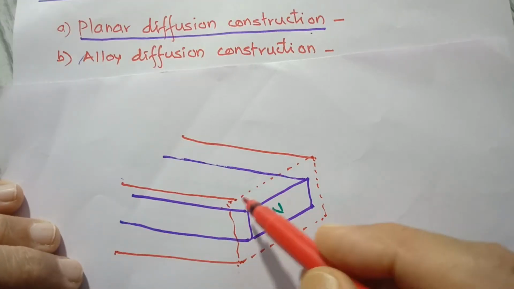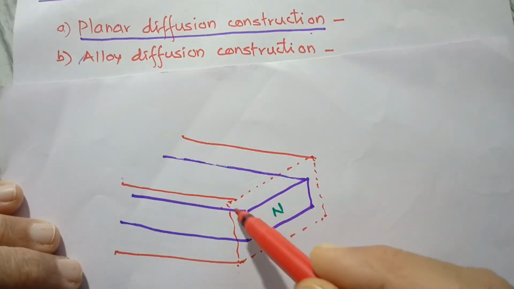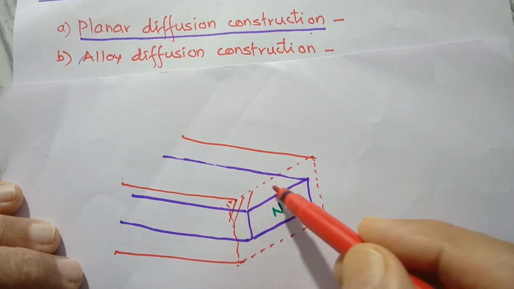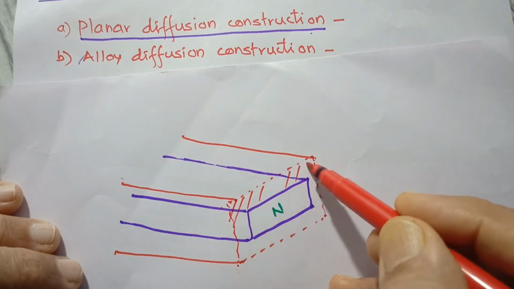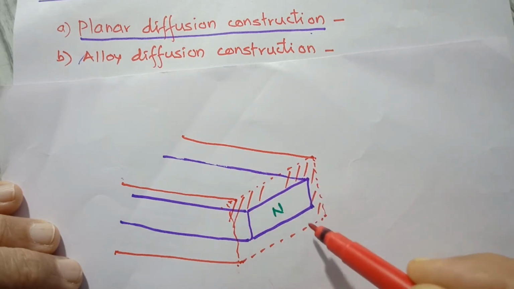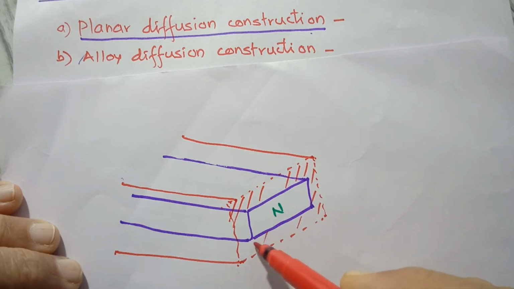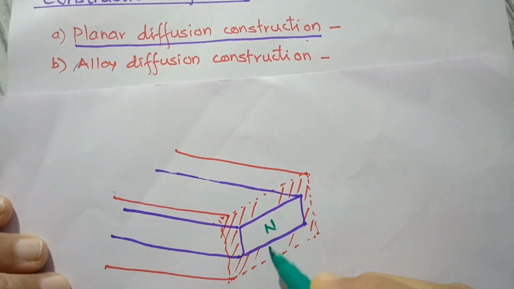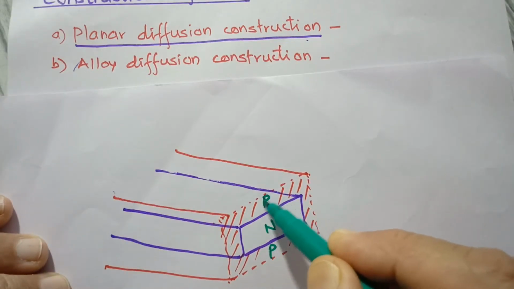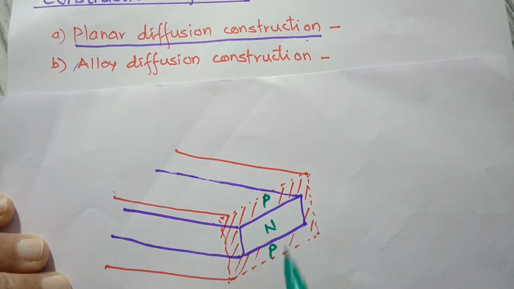So this is the n side, and on both sides simultaneously diffused with p-type impurity. So we get here, this is p-type. In this way, we get a large PNP slice or PNP wafer.